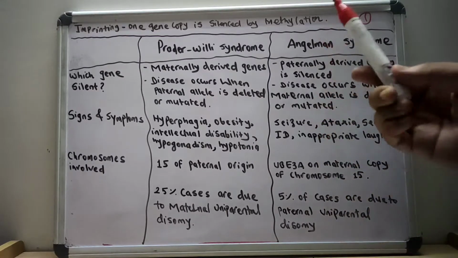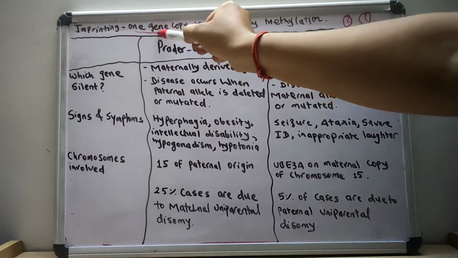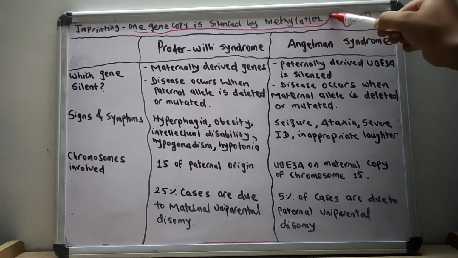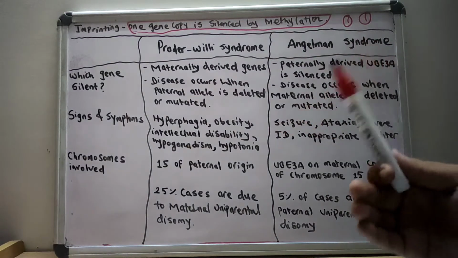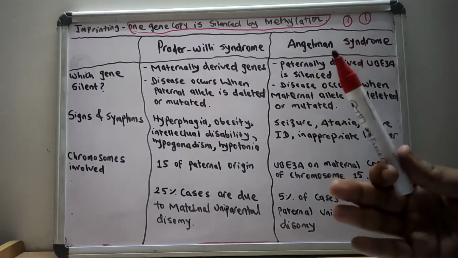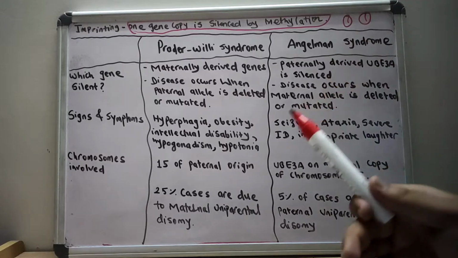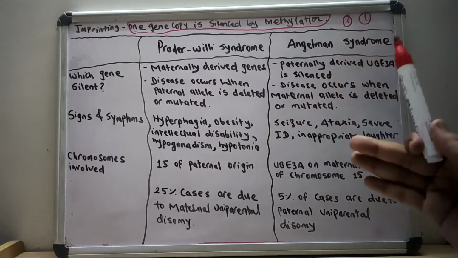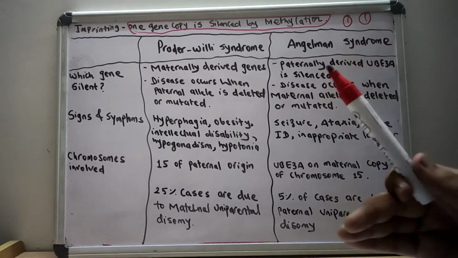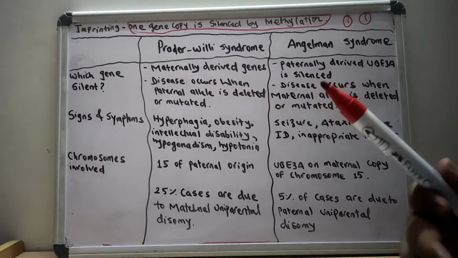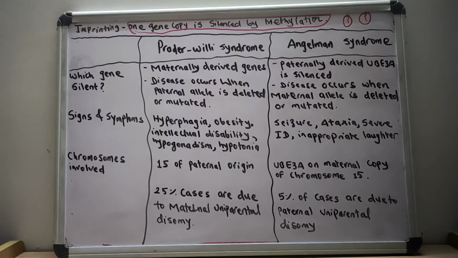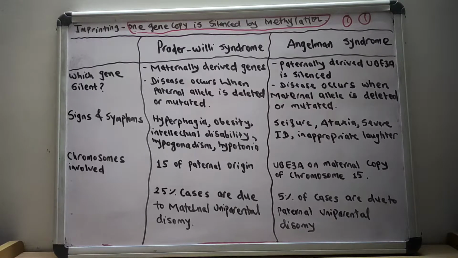So how does that occur? One gene copy is silenced by methylation. As we already read in molecular biochemistry, when there is DNA methylation, the methylation makes the DNA mute. That means the DNA is inactive if there is methylation, and the other copy is expressed.